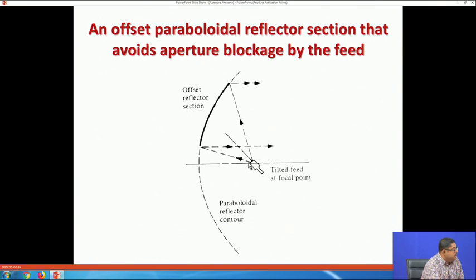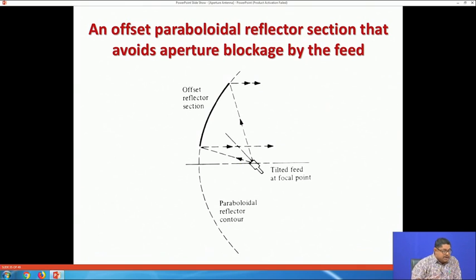So, here you see that the ray from this end is the maximum that can be reflected. This one comes here and that one comes there. So, that means the reflected ray is only in this zone, and in this zone the feed is not blocking. So, this is called offset paraboloid reflector.